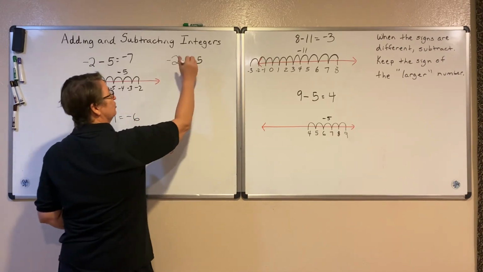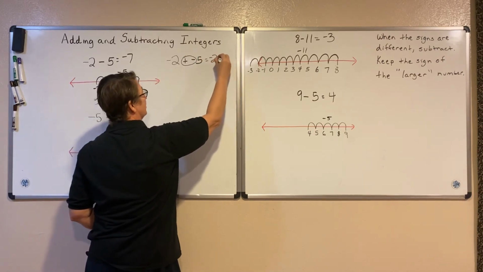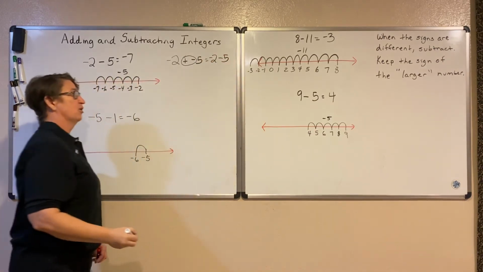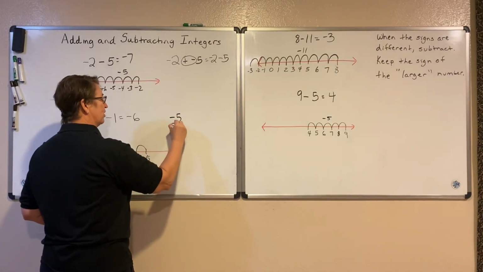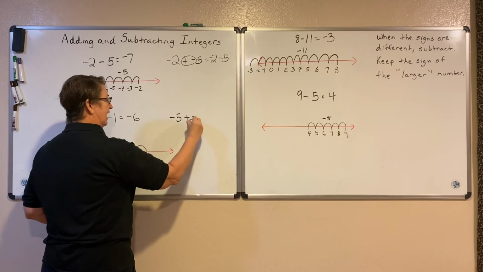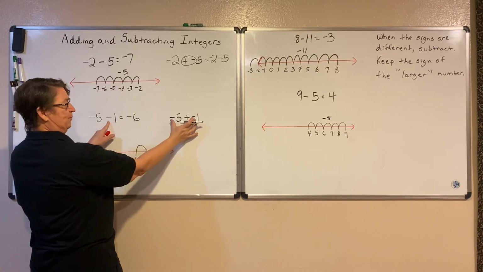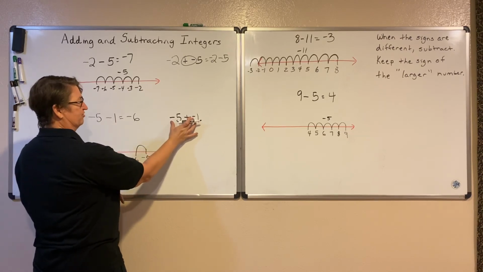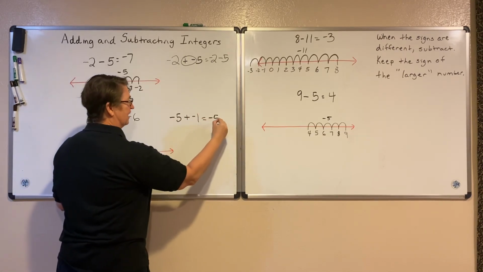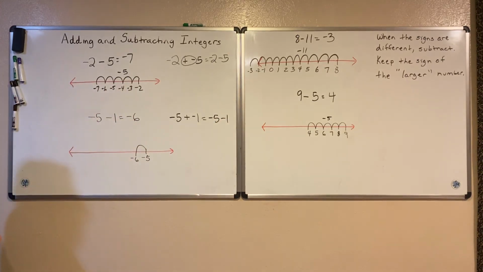So when you see these 2 signs together, the negative wins. Negativity always wins. Don't let it. And the same thing's true here, that I could rewrite this with a plus sign in between. That negative wins out. Those 2 things are the same.